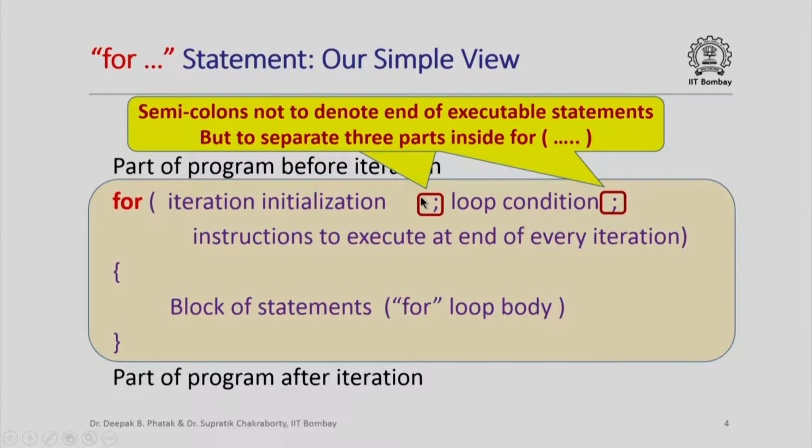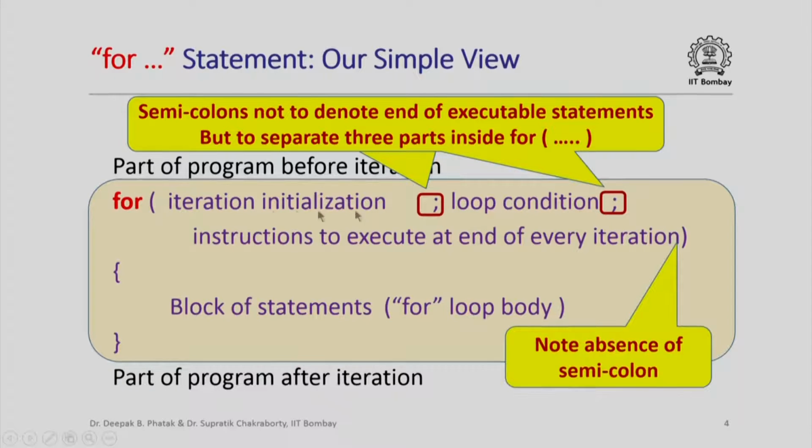These semicolons do not denote end of executable statements. They are just separating the three parts in this for statement. Since they are just used for separating the three parts, we do not have a semicolon at the end of this last part, which are the instructions that are to be executed at the end of every iteration. And of course, this is the main body of the for loop where we can have a block of statements.